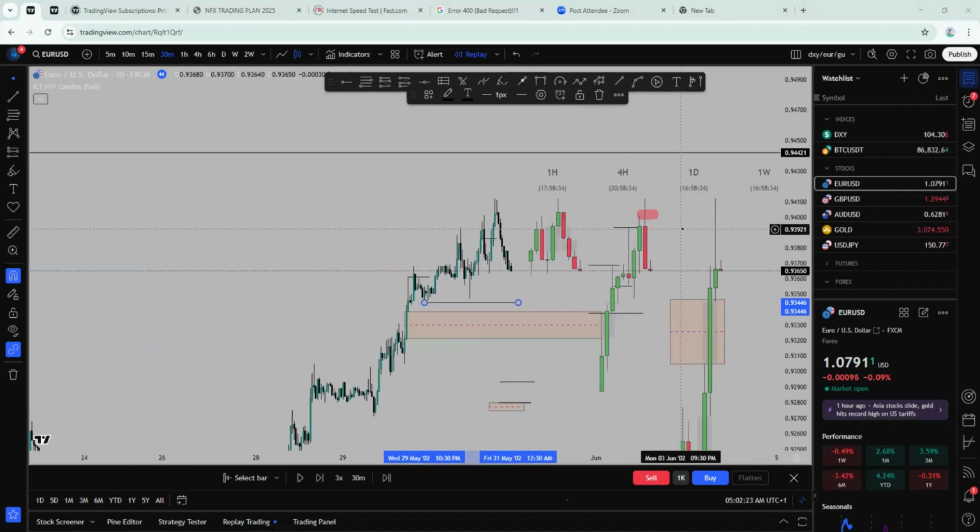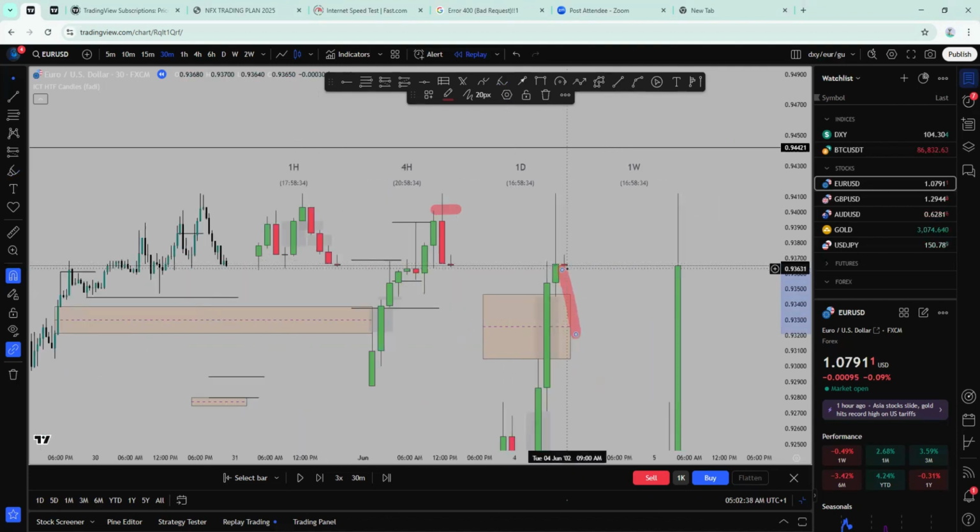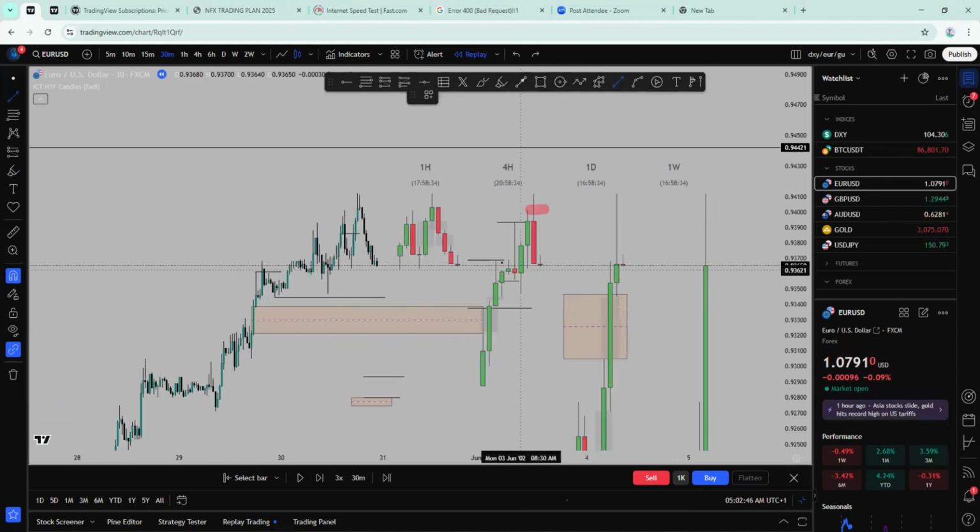So I was saying that we have now a new daily candle, and this one has closed below. So there's potential for a pullback trade. In this case, we might want to see this one create a high somewhere and then pull back down to this fair value gap.